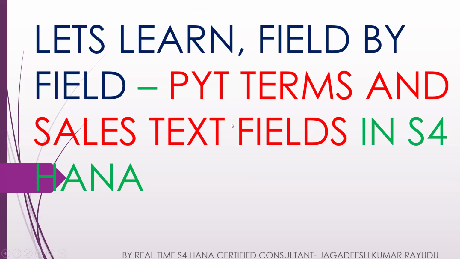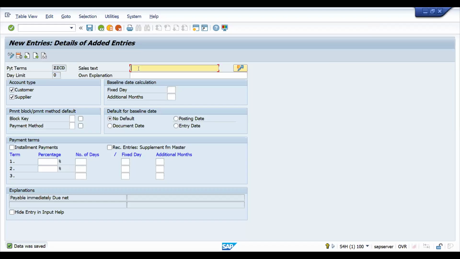Let's check the sales text field also here. Probably I'll give you the technical difference. The sales text is for customer and supplier. We are using account type, meaning this is specifically used for customer. Don't think about the supplier, meaning the vendor.